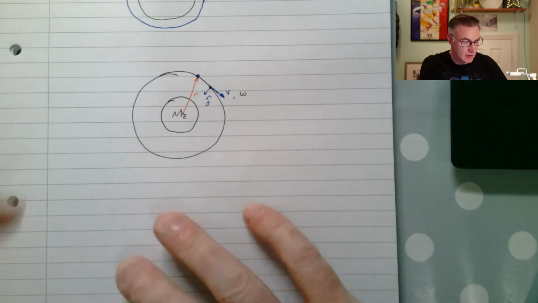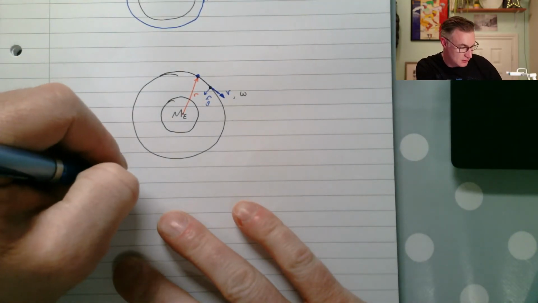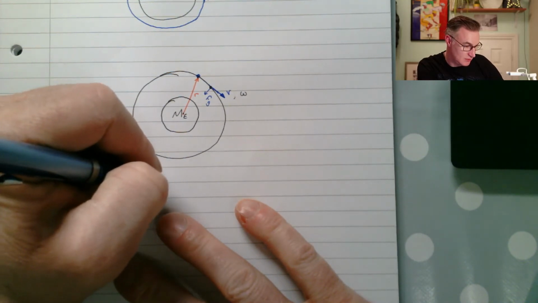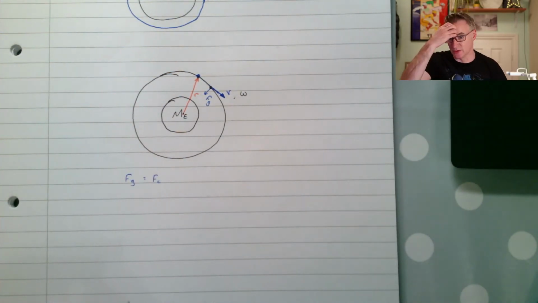And so if we start there, we can say that the force due to gravity is going to be equal to the centripetal force.